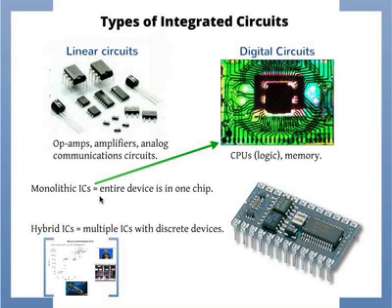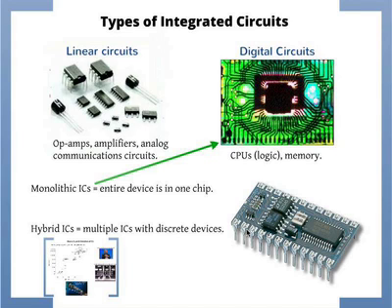Another way to think about ICs, integrated circuits, is that they can be monolithic ICs where the entire device is on one chip. So that's what the CPU looks like. Or you can have hybrid ICs where multiple ICs are combined with discrete devices. In this example, there is probably an op-amp here, a CPU here, probably a memory here, whatever.